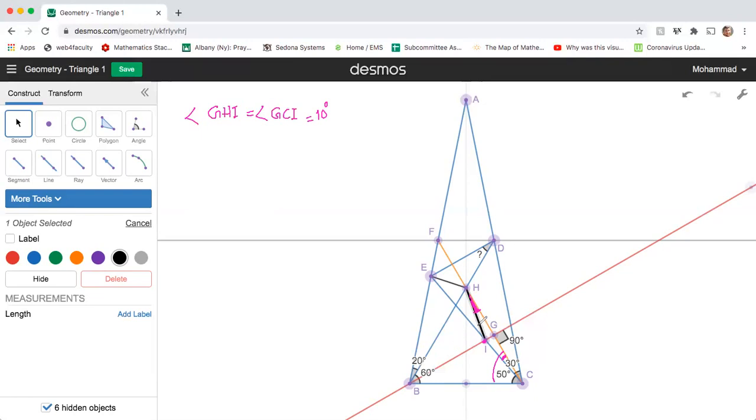And that lets us measure this angle now. This would be 20 degrees because it's an exterior angle. And so it's a sum of these two interior angles.